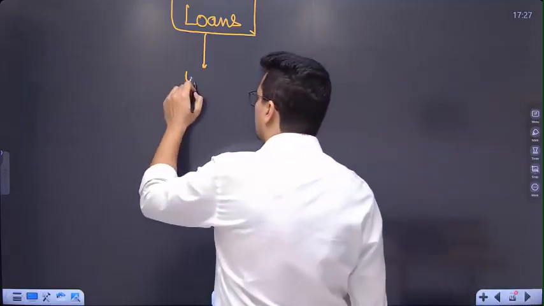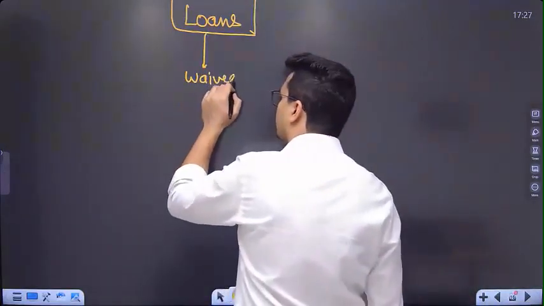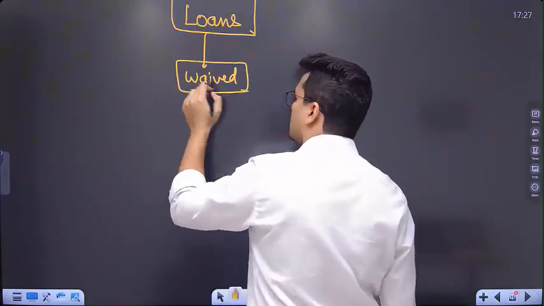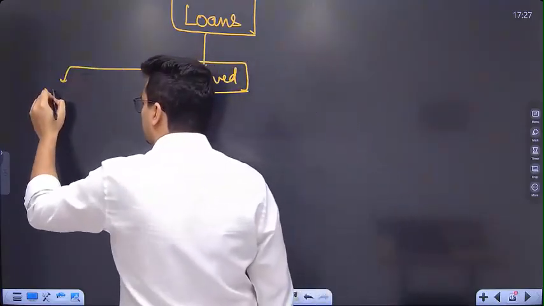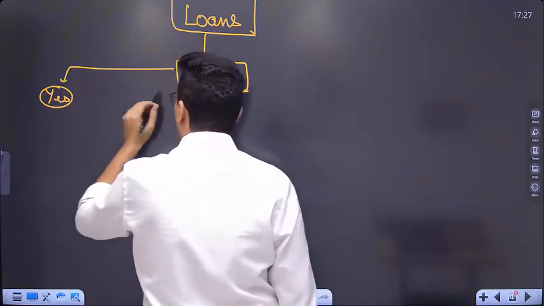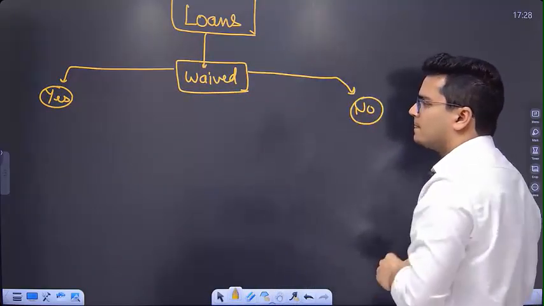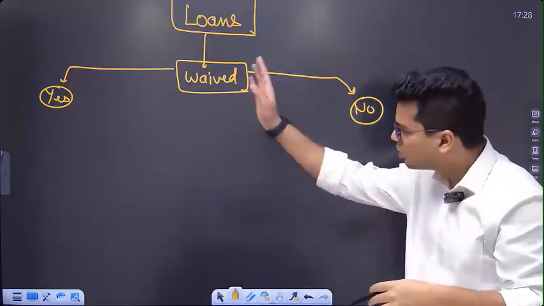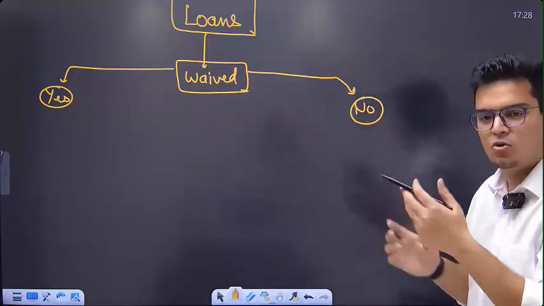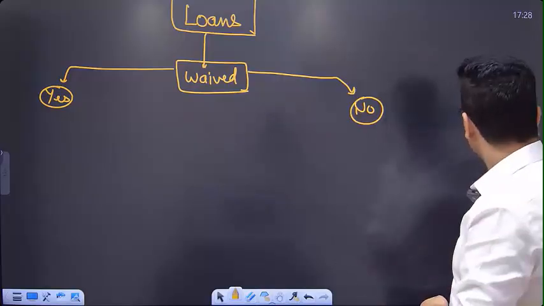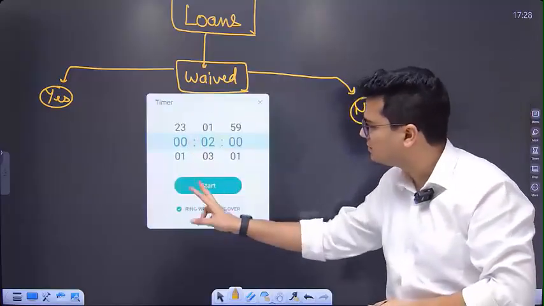They promise that loans will be waived off. Is it something that we should do? Is it something we should not do? Now you have to think of arguments on both sides. Are loan waivers a good idea or a bad idea? You have 2 minutes.